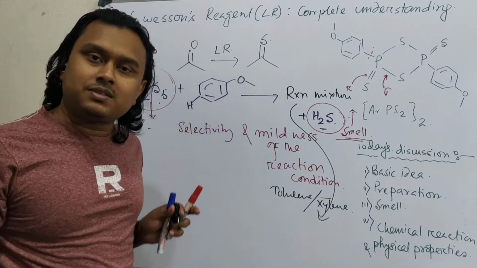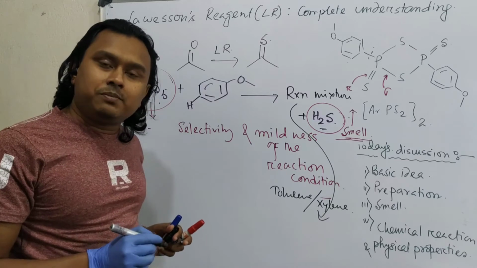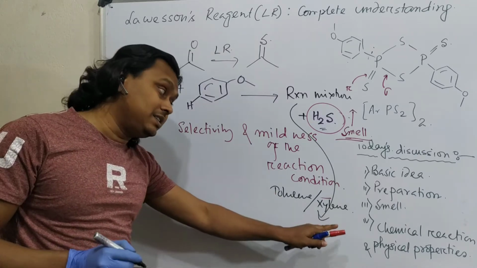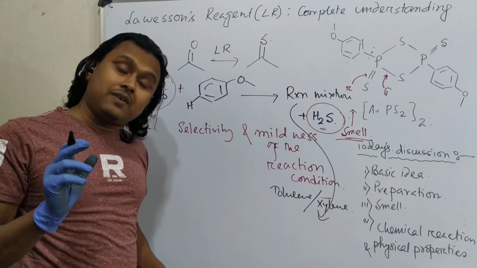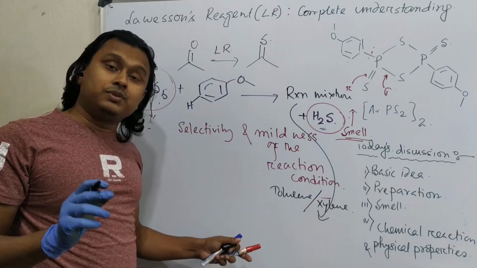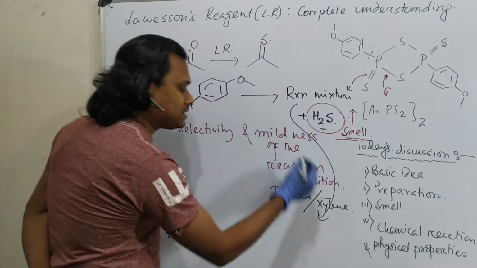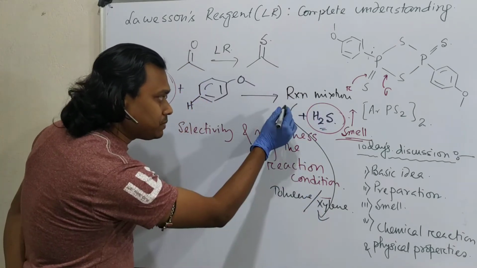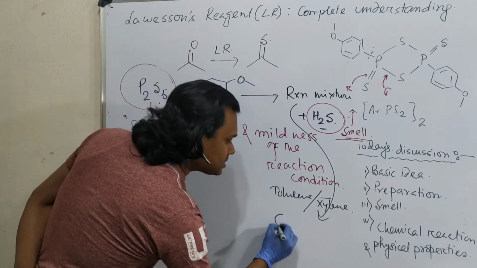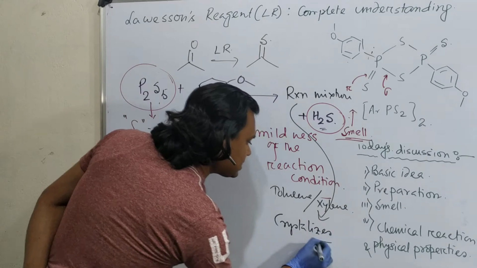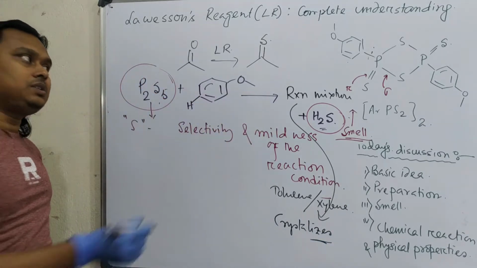Benzene you may also consider, but it is better to avoid benzene because benzene is highly carcinogenic, whereas toluene is not that much, and xylene is not, because in the side chain they have an alkyl group, means methyl group, which is why they are less harmful. So what happens? This reaction mixture crystallizes in presence of this solvent. And remember, crystals are highly pure. So that's why you can get the pure reagent directly.